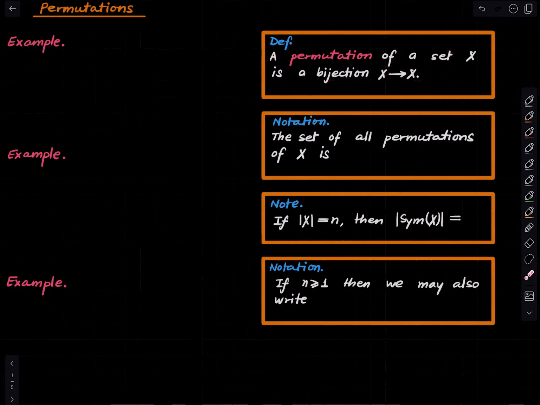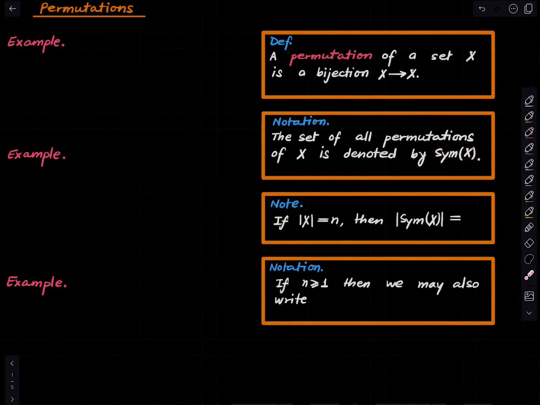And what is the notation? The set of all permutations of a given set X is denoted by the symbol SYM X. This stands for symmetry, and the root of that word comes from group theory, but for us it doesn't matter, it's just a notation.